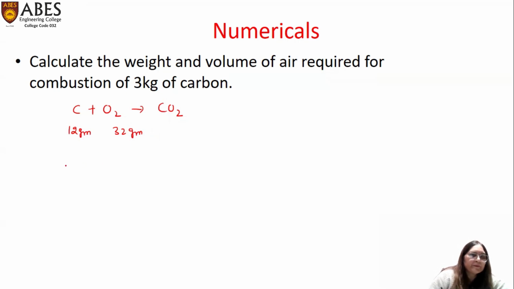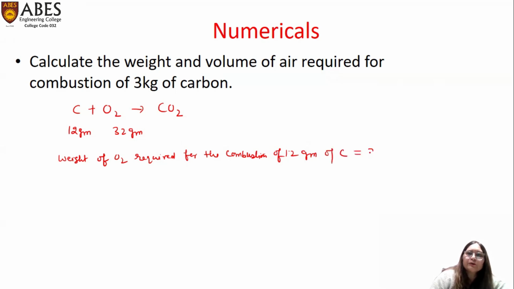We can write this: weight of oxygen required for the combustion of 12 gram of carbon is equal to 32 gram.